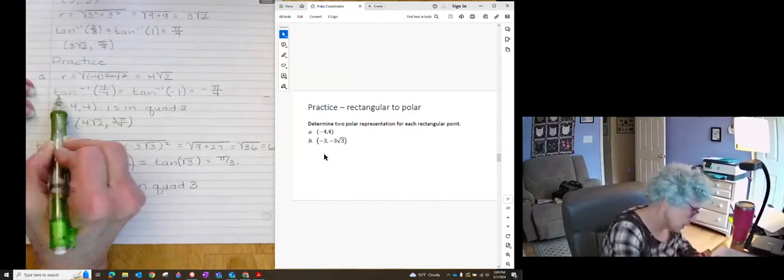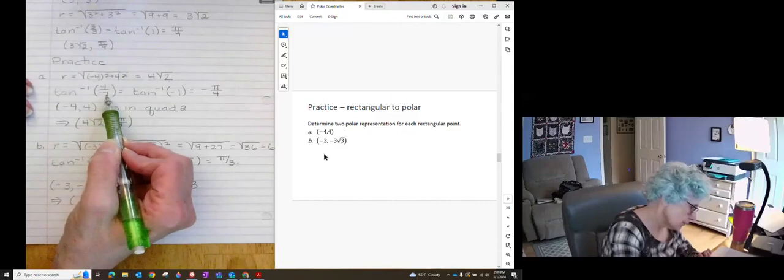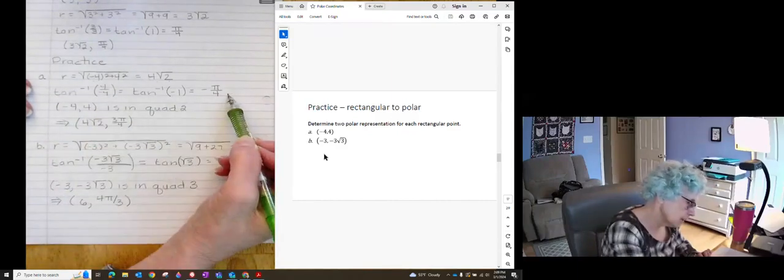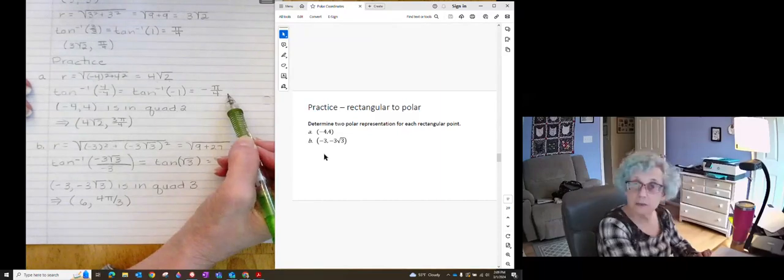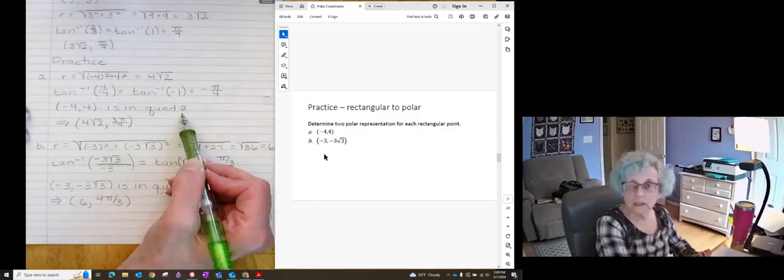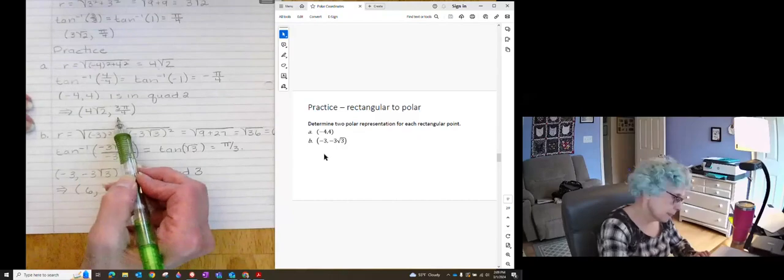Then we took the inverse tangent of 4 over negative 4, which is minus 1. Inverse tangent of minus 1 is negative pi over 4. We need it to live in quadrant 2, so we choose 3 pi over 4.